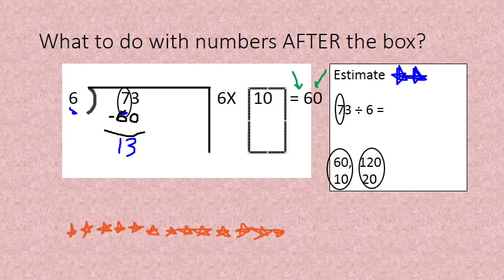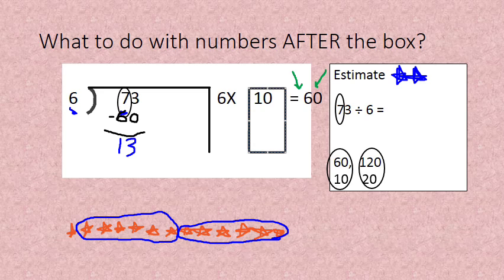We could make more groups of 6. 1, 2, 3, 4, 5, 6. 1, 2, 3, 4, 5, 6. Now how we do that will be covered in the next video.